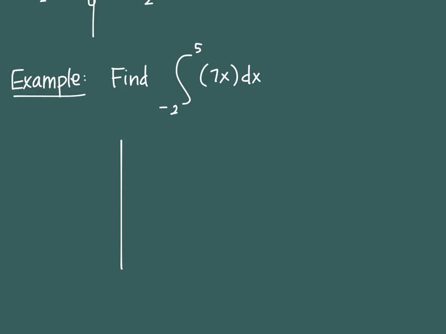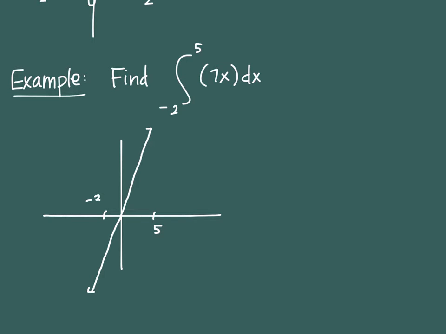So 7x is a very steep linear line. So we'll sketch 7x as a linear line. We're going from a value of -2 to a value of 5.